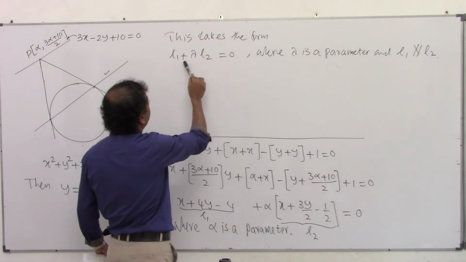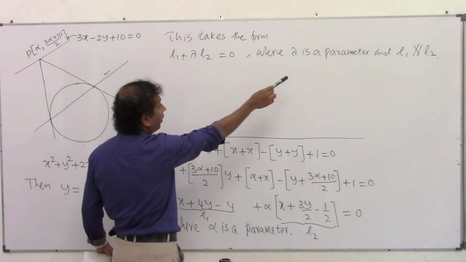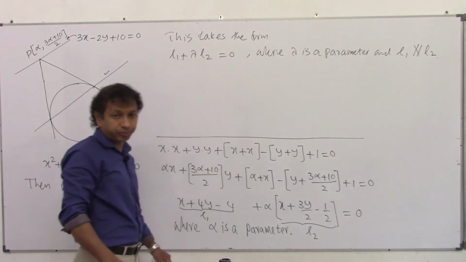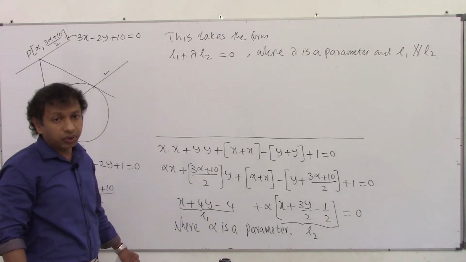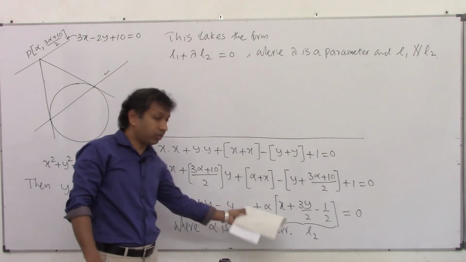It's very important to say here that this takes the form L1 plus lambda L2 equals 0, where lambda is a parameter and L1 is not parallel to L2. Only then can we say the chord of contact passes through the point of intersection of this line and this line.